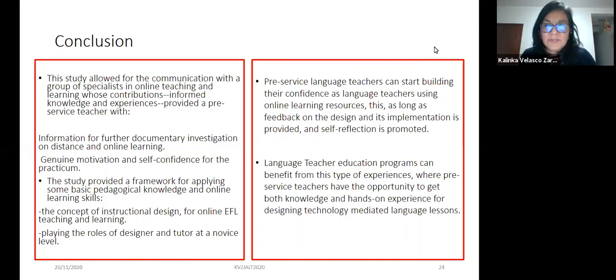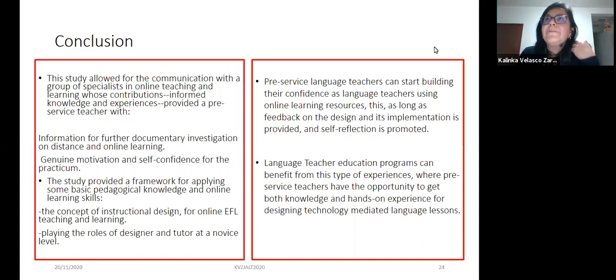For this experience, this was very important and necessary. The pre-service teacher realized that, because for the program, this was conducted as part of his BA thesis. There are courses that the students take only one day per week, which is not enough time for developing their language knowledge and skills.